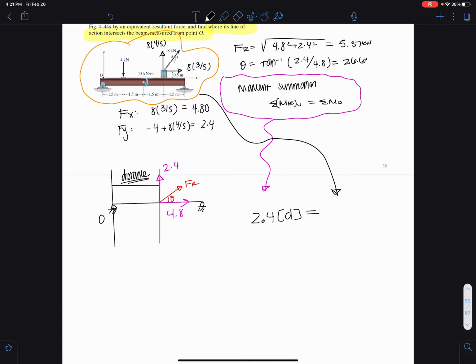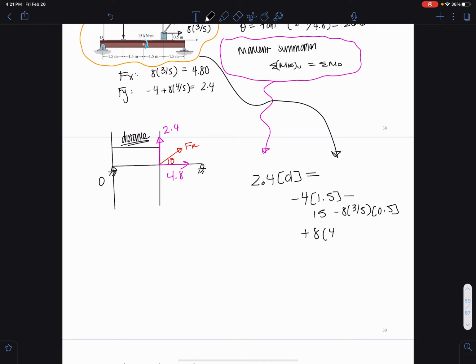Well, that's going to be the negative 4 times the moment arm of 1.5 minus the 15 minus the 8 times 3 over 5 times 0.5 plus the 8 times 4 over 5 times 4.5, and I end up getting d is 2.25 meters. So basically what I'm saying is this is 2.25 meters from here to here. That's where my resultant acts.